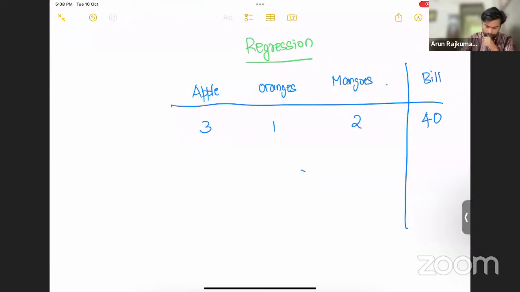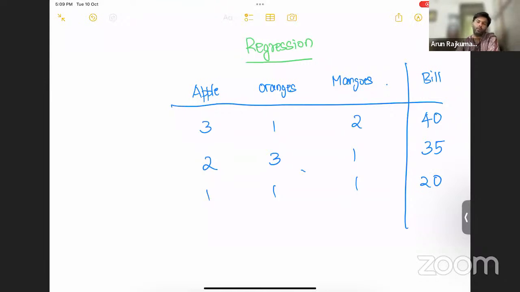On the second day, you go to a different store and get 2 apples, 3 oranges, and 1 mango, and let's say you paid 35 rupees. On the third day, you buy 1 apple, 1 mango, 1 orange, and let's say you paid 20 rupees.